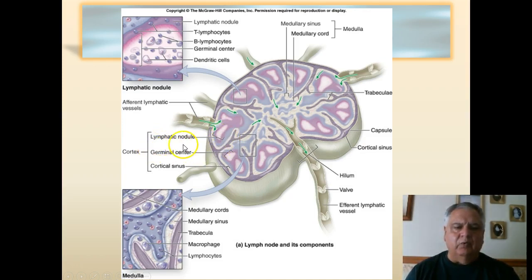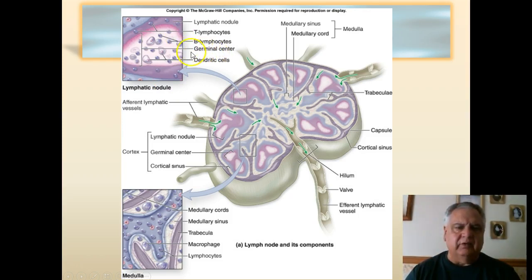All right, so within the nodule, we have masses of T cells and B cells. We look at the lymphatic nodule here in an enlarged view. We can see that B cells are located here in what is called the germinal center of the lymphatic nodule. Whenever you see the term germinal, it usually means actively dividing cells.